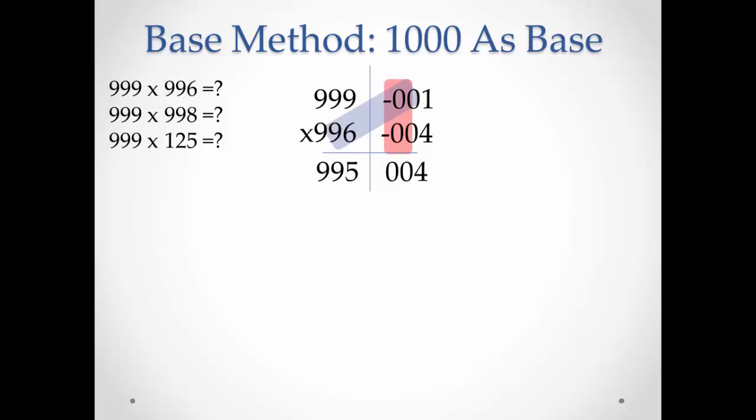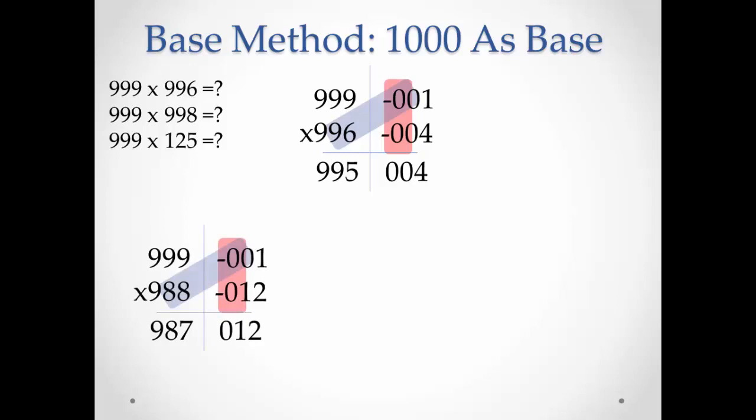So again we have applied our placement rule, that is we are using 3 digits on the right hand side of our answer, since our base is 1000 and it has 3 zeros. The number of zeros is always equal to the number of digits on the right hand side of our answer.